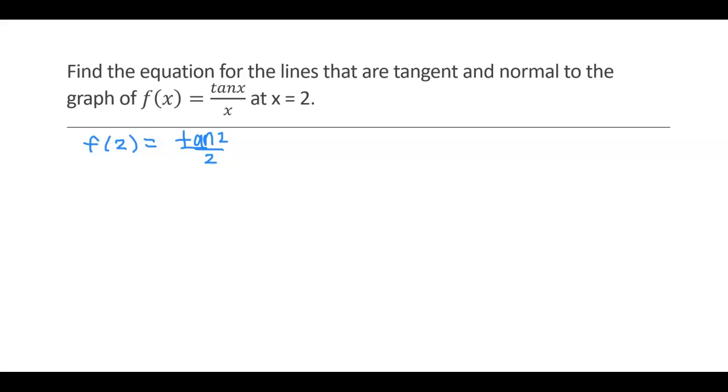The derivative would need the quotient rule. So it's ho d-hi minus hi d-ho all over ho-ho.